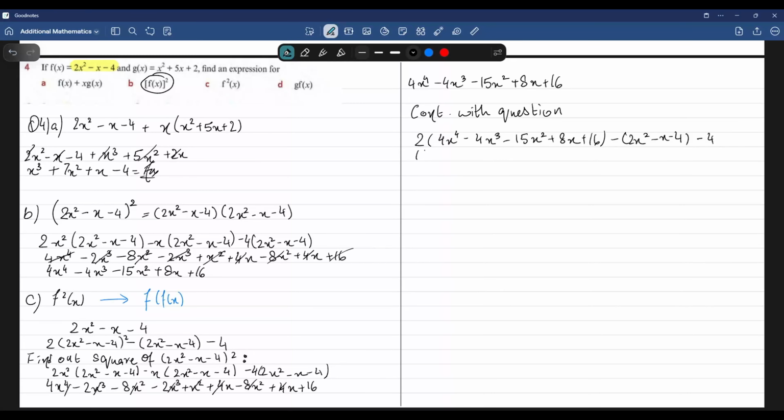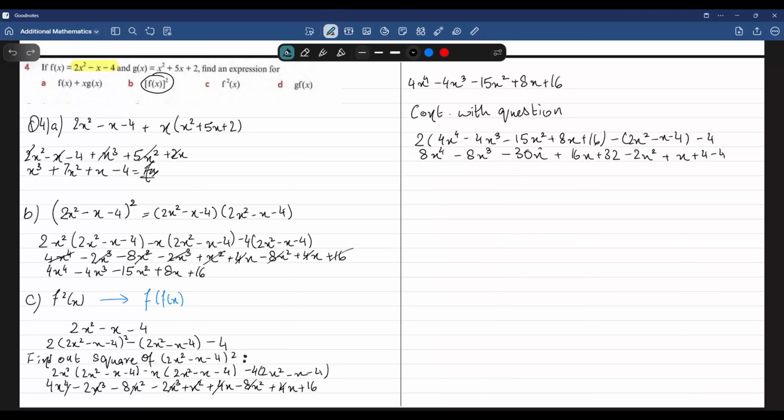Okay, now 4 2s are 8: 8x raised to the power 4 minus 8x raised to the power 3 minus 30x squared plus 16x plus 16 multiplied by 2 is 32, minus 2x squared plus x plus 4 minus 4.